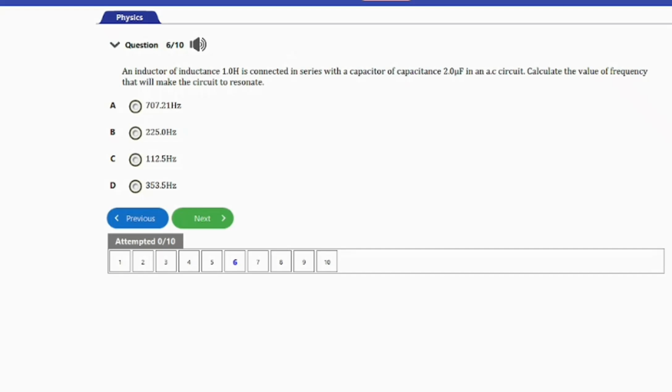It says, an inductor of inductance 1.0 H is connected in series with a capacitor of capacitance 2.0 microfarads in an AC circuit. Calculate the value of frequency that will make the circuit resonate.